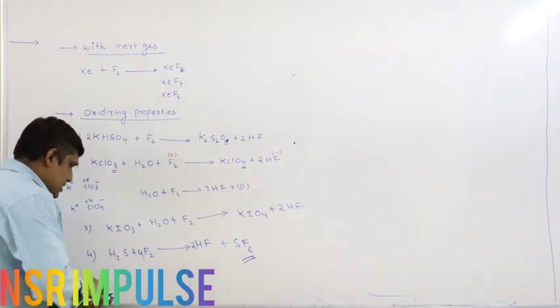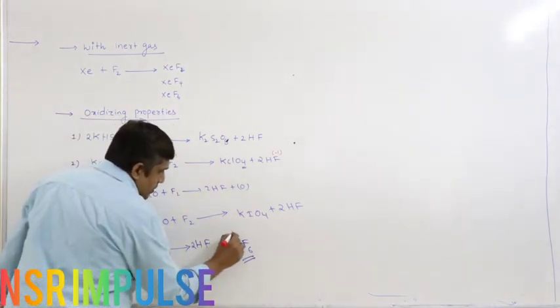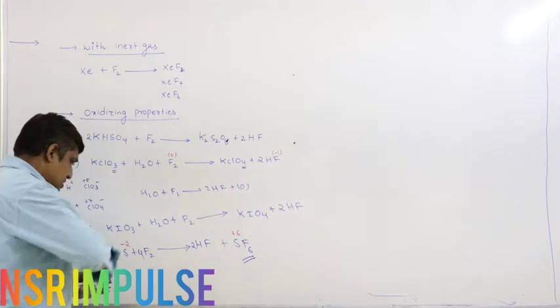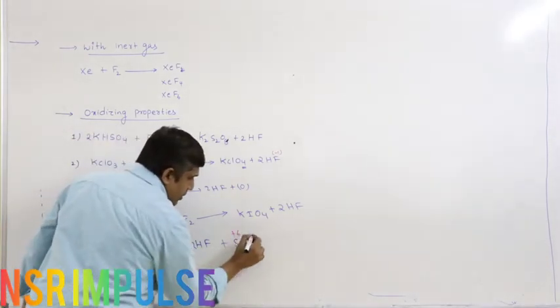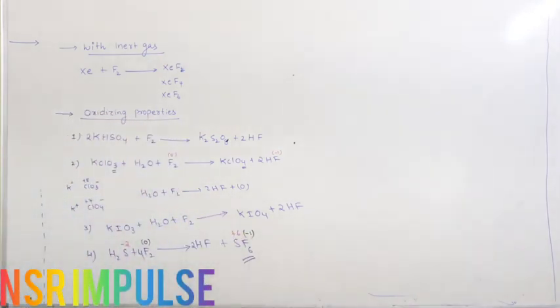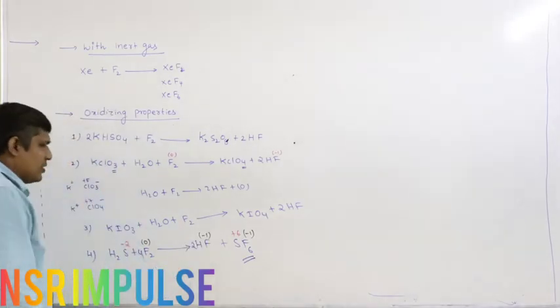Sulfur oxidation state goes from -2 to +6. Fluorine oxidation state goes from 0 to -1. Of course, here also you will get -1. Hydrogen, no change.